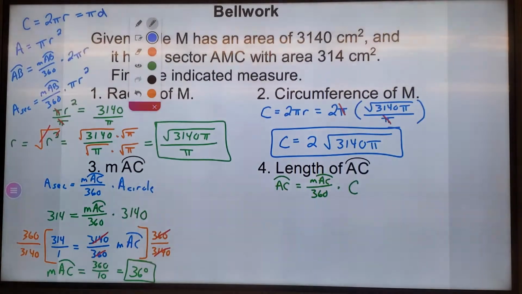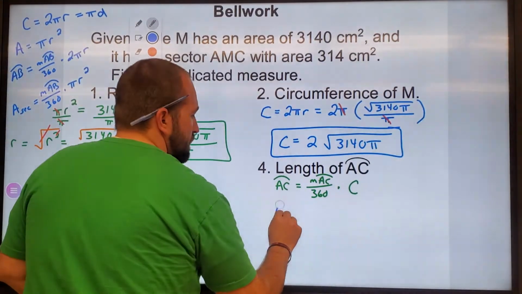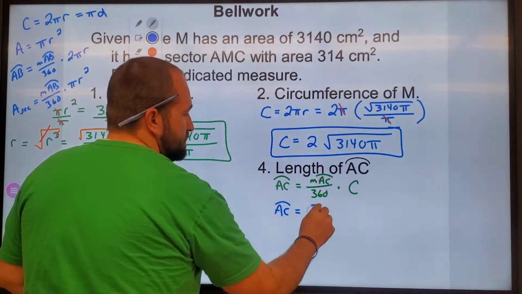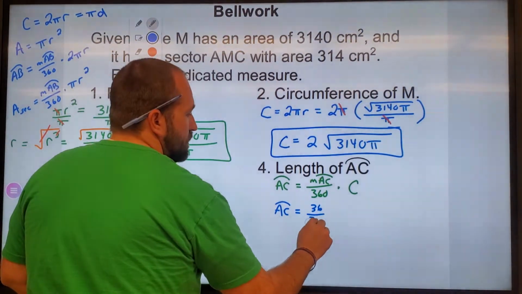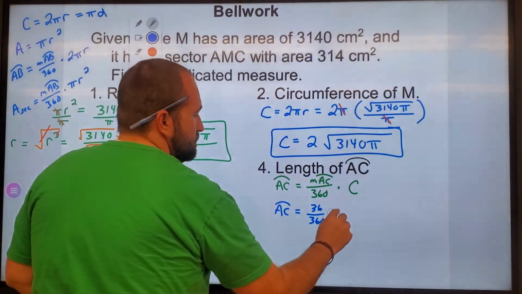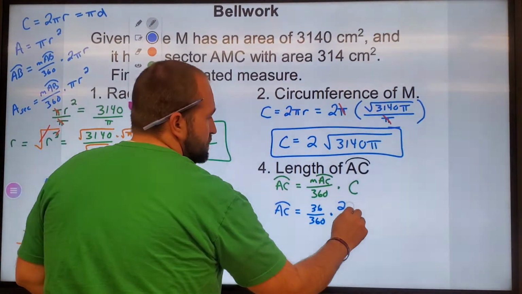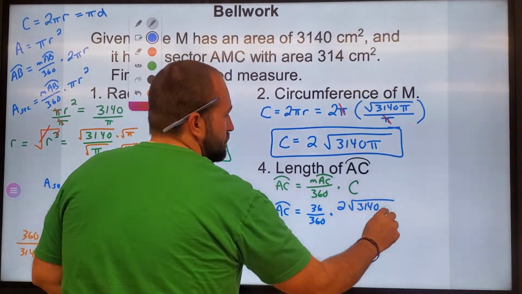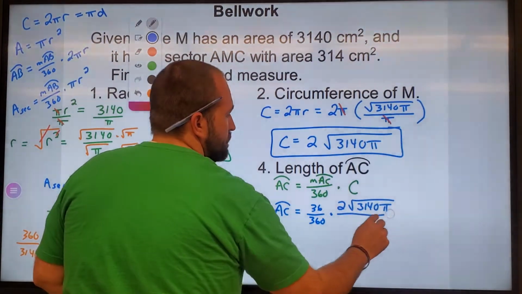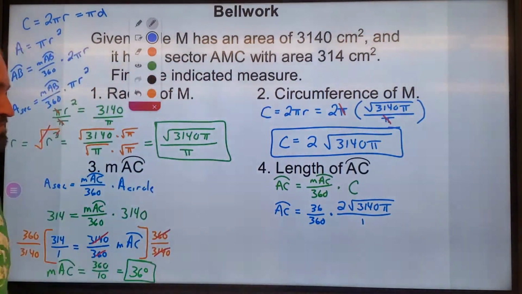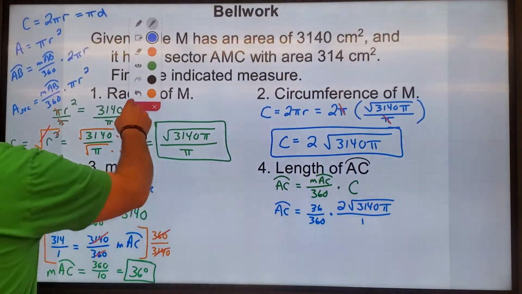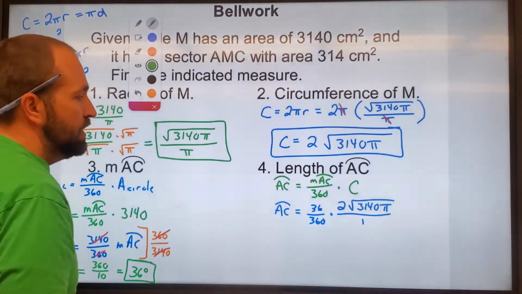Okay, so we're going to find AC. The measure of AC was 36 over 360 times, and again I'm going to do this as a fraction. Reducing-wise, 36 over 360 should simplify pretty quick and easy, right?